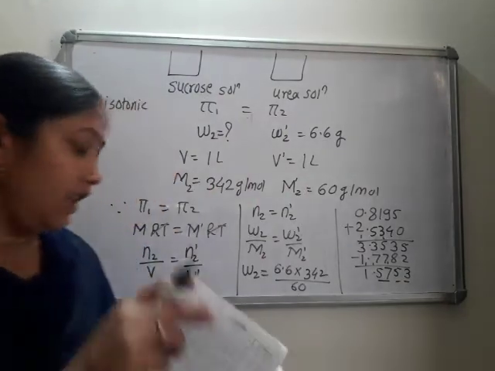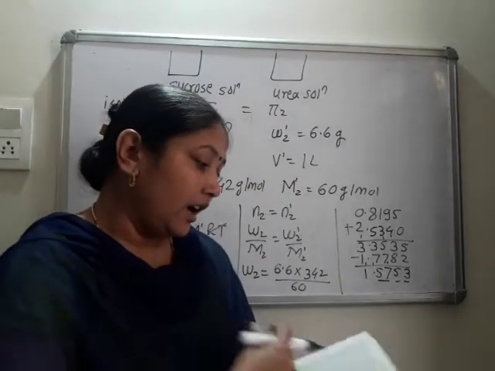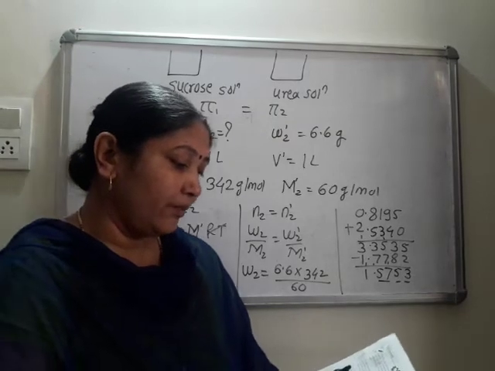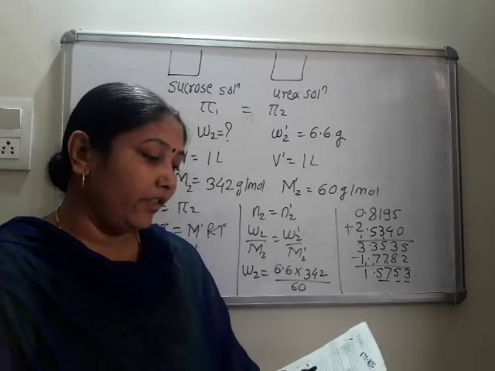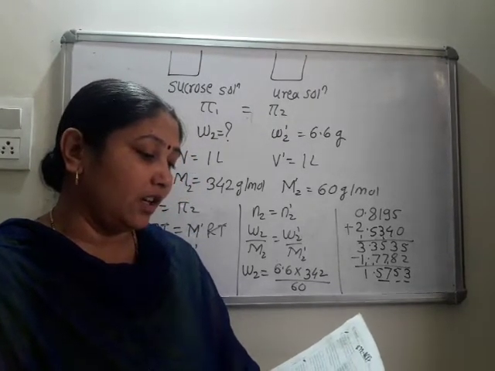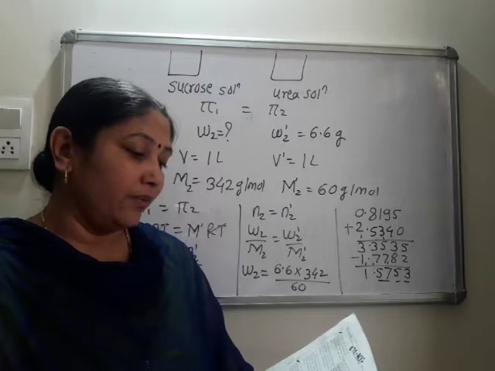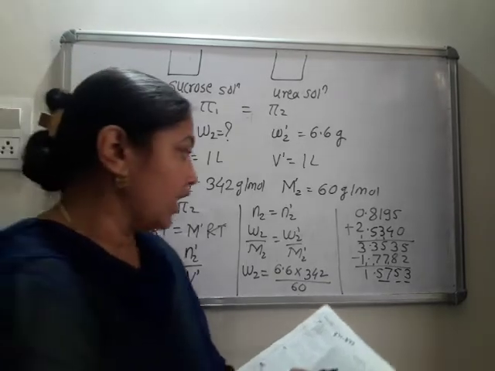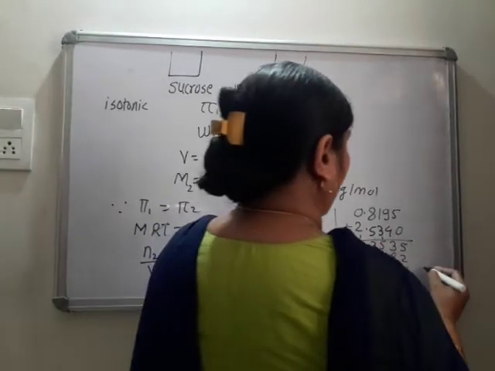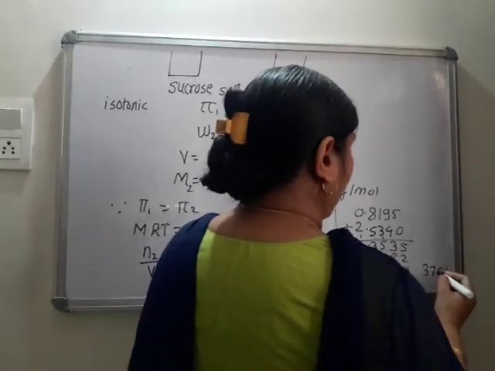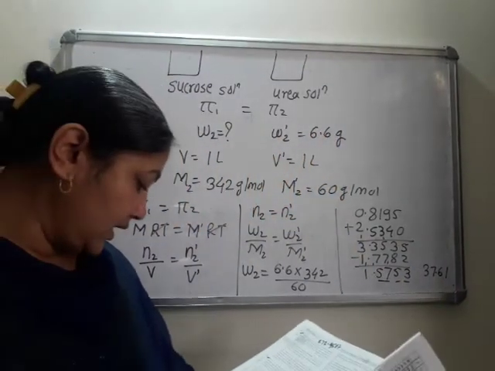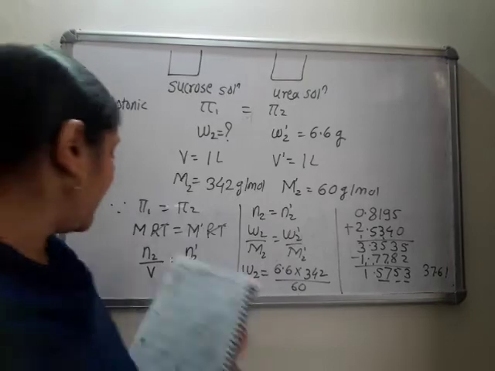We have to take the antilog. The antilog gives 3761. The characteristic is 1, so it is 37.61 gram.